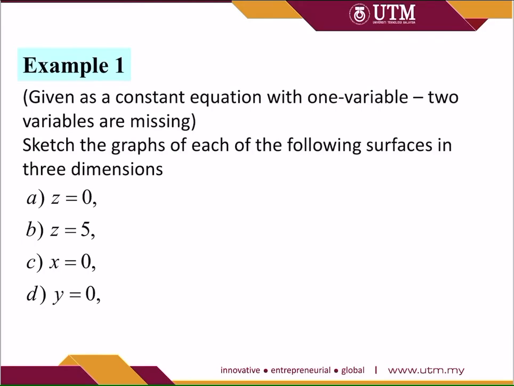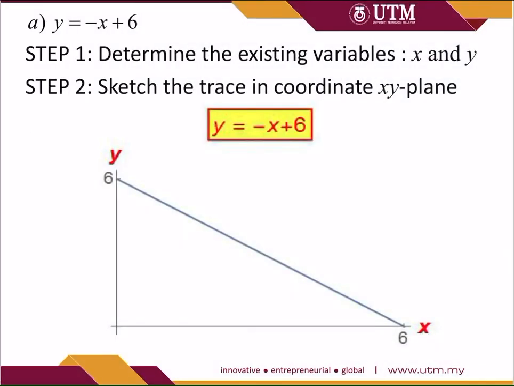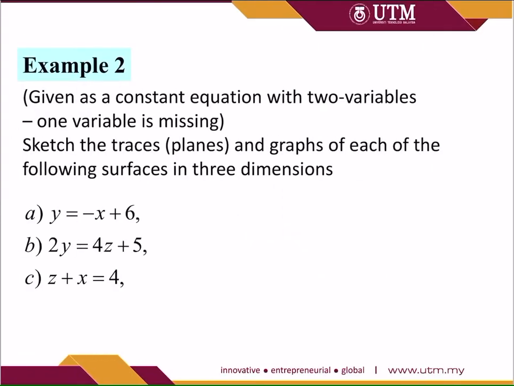Now we already looked at the example for one variable, which is in example 1. So now we move to the next example. Example 2. Given a constant equation with two variable, and one variable is missing, sketch the traces or the planes and the graph of each of the following surfaces in 3D.